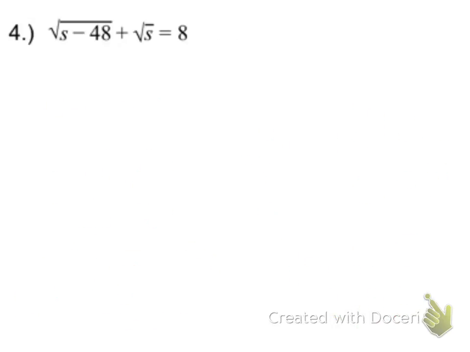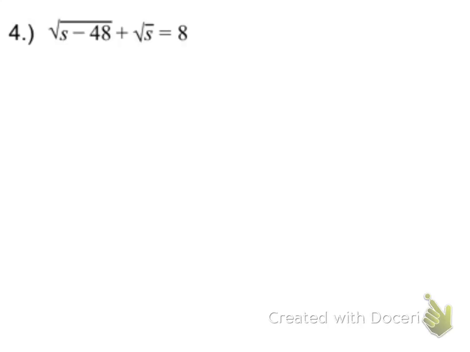Now, this one has a square root plus another square root equals 8. I'm sorry, they're using S. My S's might start looking like a 5. Bear with it. But we can still use the same 3 steps from before, but maybe add a small twist in the fact that I want to separate my radicals.